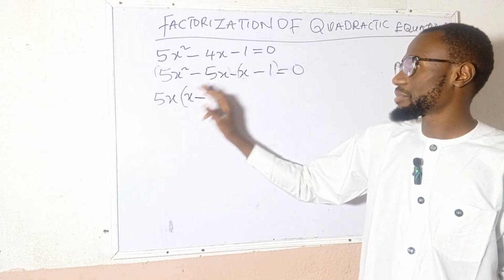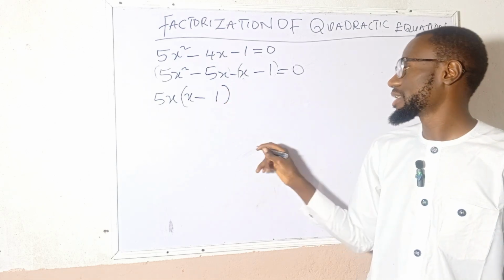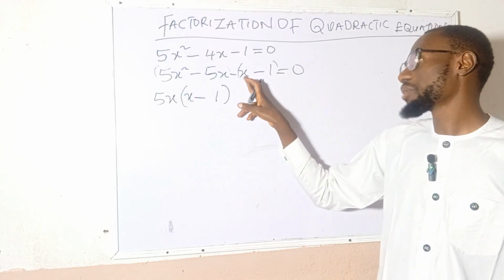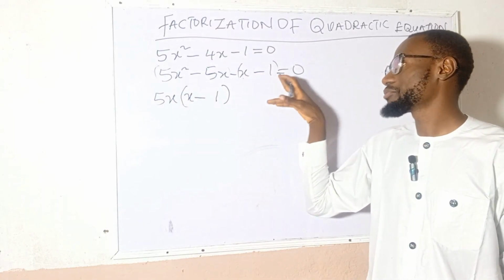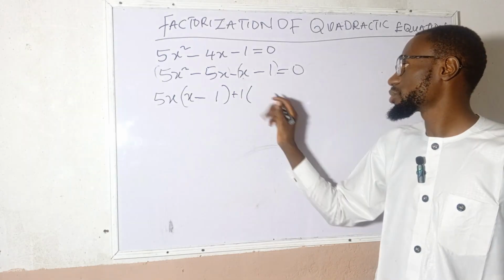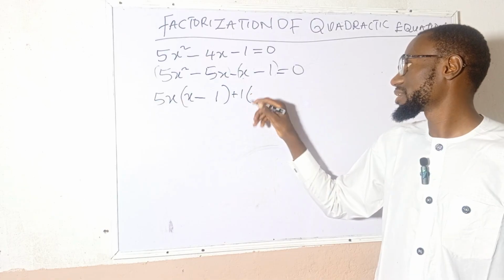Here we have 5x outside. We can have only 1 inside. Then here we have x, and here we have 1. Therefore we have plus 1 into x.